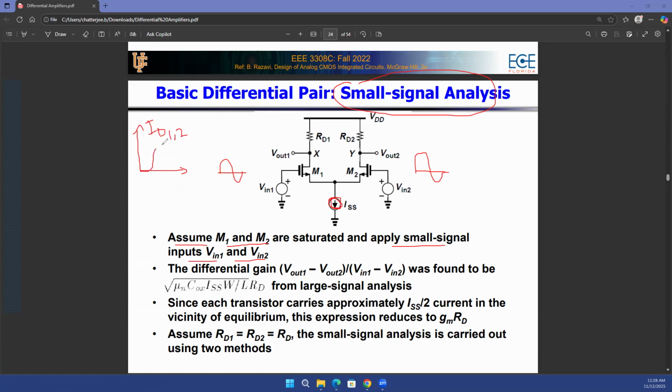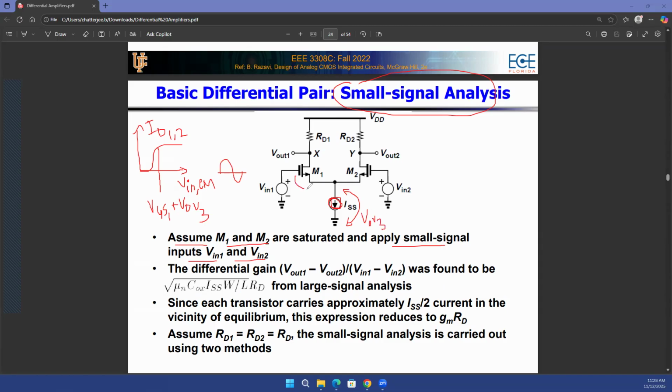And we saw that if V in CM, the input common mode, we are not even talking about the AC input, is not up to a certain level, let's say this point, which will be equal to VGS of 1 plus V overdrive of 3, or V overdrive of the current source over here. So V overdrive of 3 is the minimum voltage that you need across this current source, or VDS of that transistor.